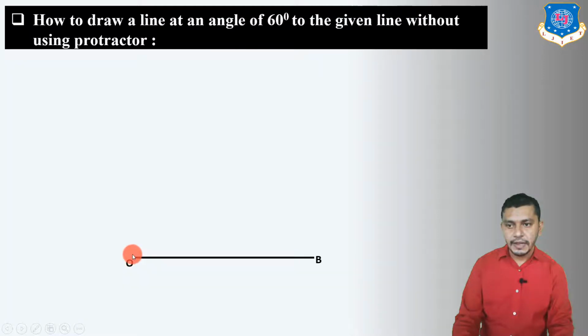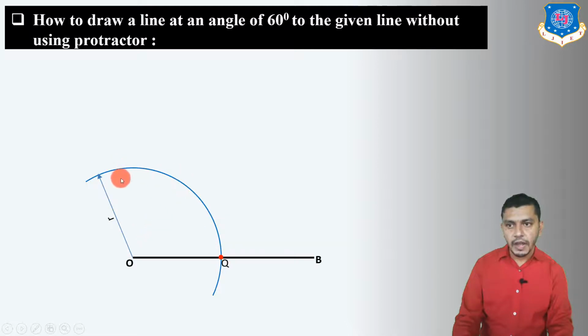Again, by taking center at O and radius equal to some radius R, we give an arc like this, and mark the intersection point of this arc and line OB as Q. Okay, now taking Q as a center and radius equal to R, we give an arc which will cut the given arc.